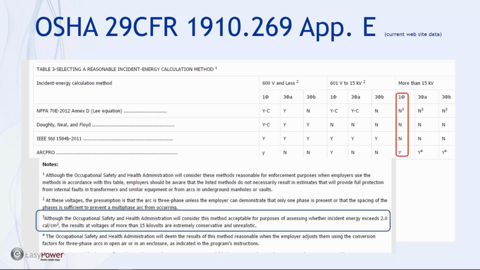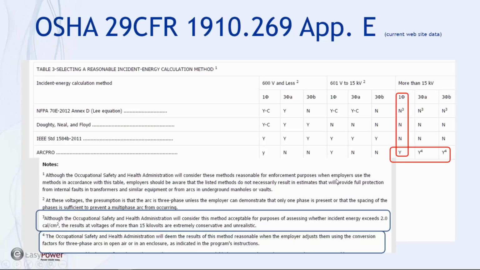So if you look at what they recommend to apply ArcPro, they say OSHA has deemed the results of this method reasonable when you adjust them for three-phase arcs. So what they're saying is use the energies that the tool calculates and then adjust the calculation method for three-phase and three-phase in a box.